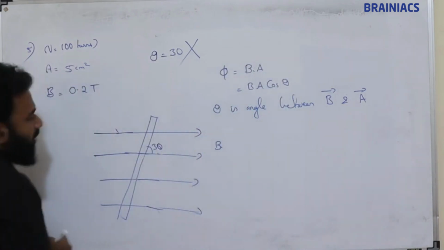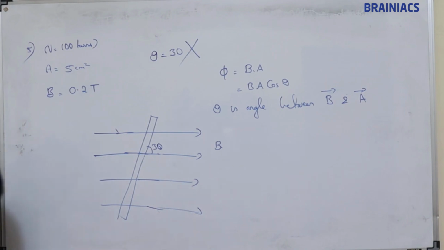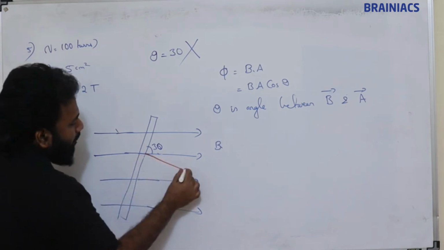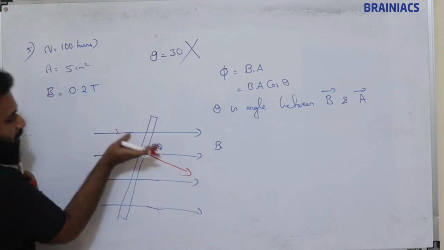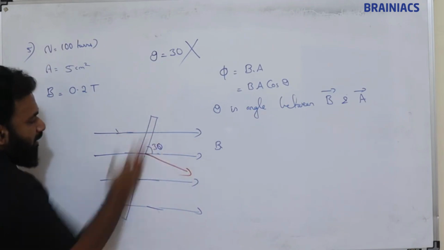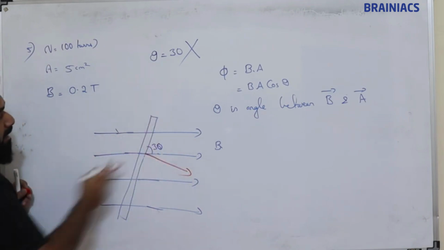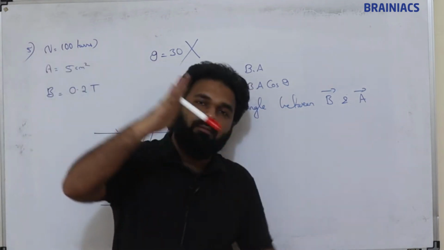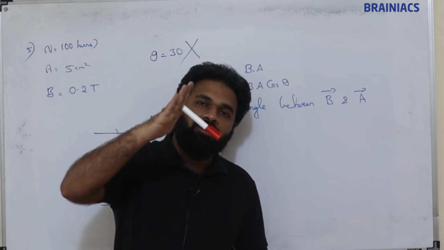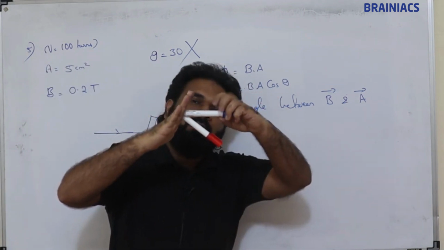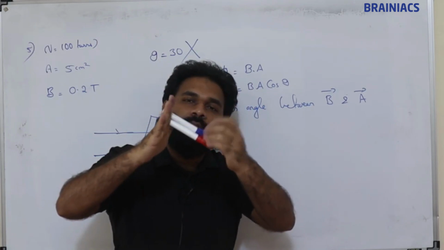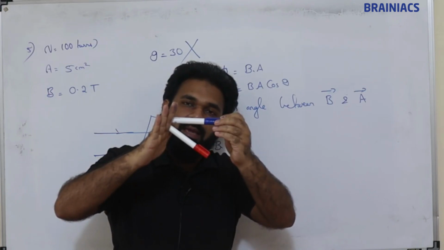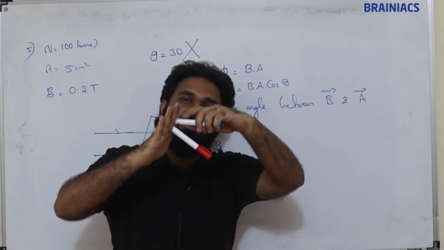So what is the direction of the area vector? Look at this carefully. The area vector is perpendicular to the area direction. This red marker will be the direction of it. The magnetic field is this blue marker, and my palm is the area, with this angle given as 30 degree.